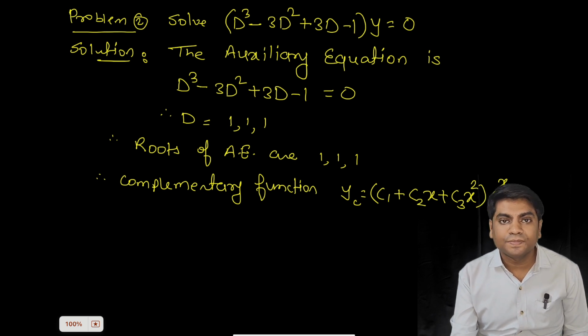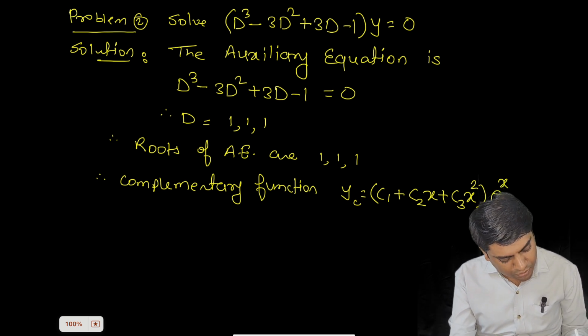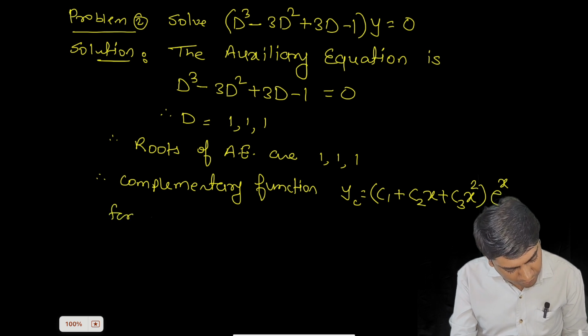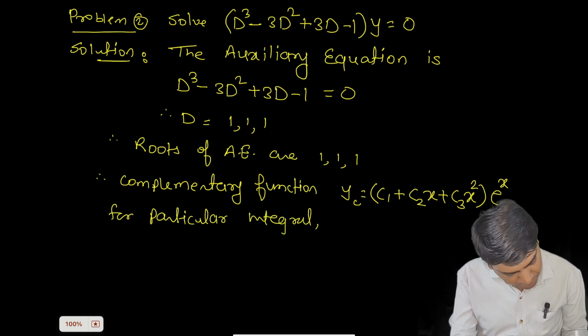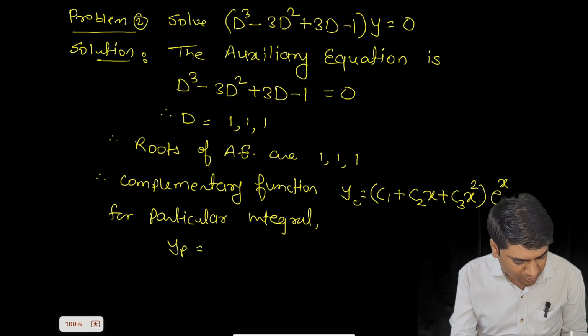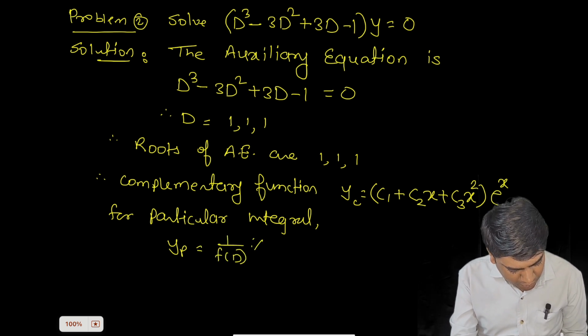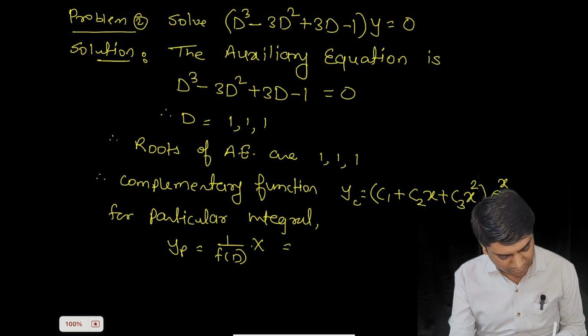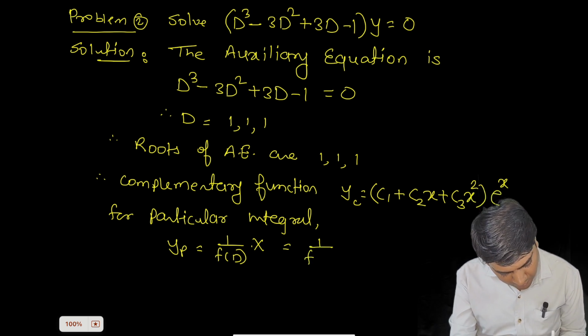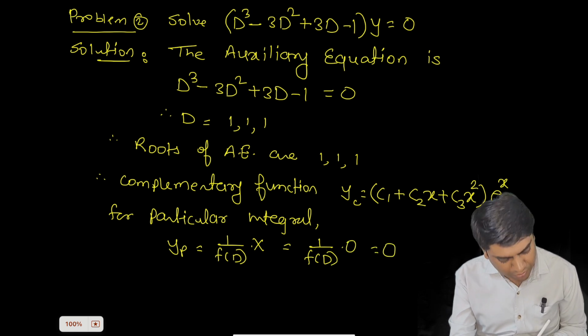Now what will we find? Its particular integral. So for the particular integral, yp is equal to 1 upon f of D into X. As we know here, the value of X is 0, so 1 upon f of D into 0, which is equal to 0.